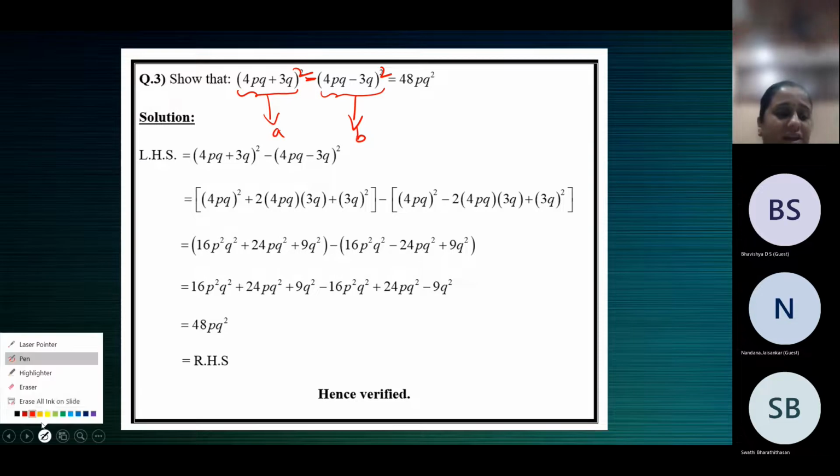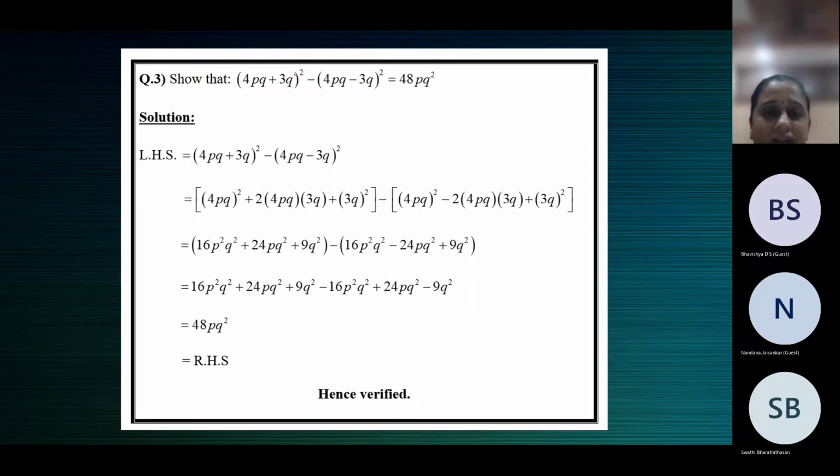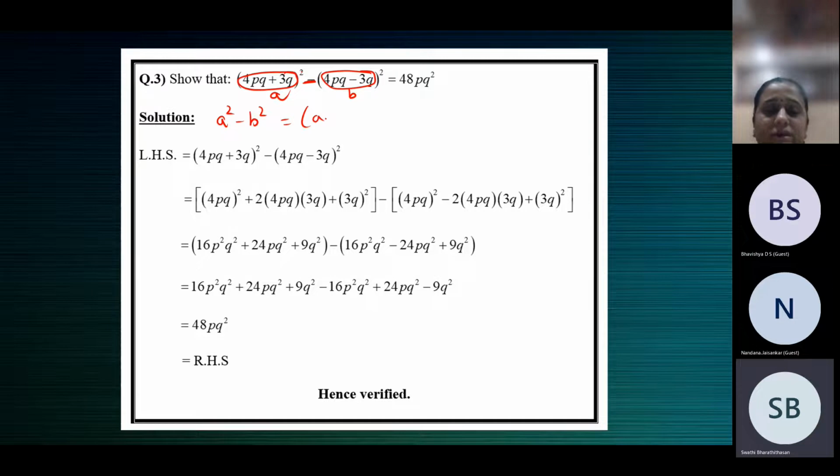So the LHS entirely is of the form A square minus B square. Yes or no, children? What is A square minus B square? A plus B into A minus B, ma'am.